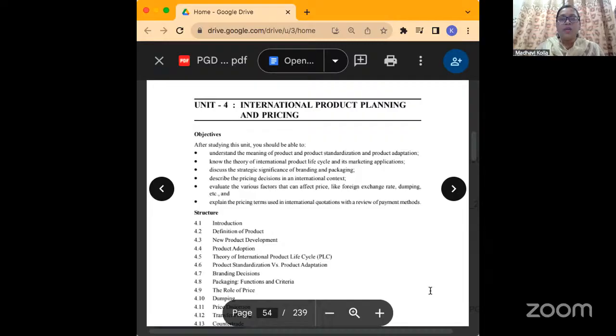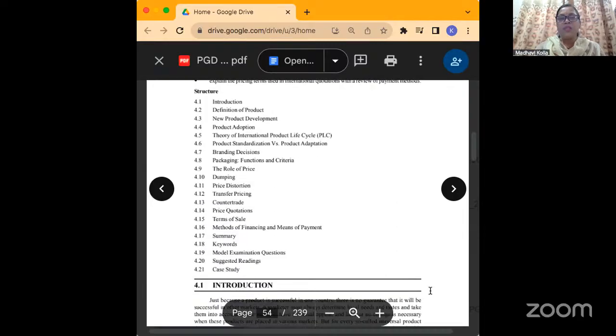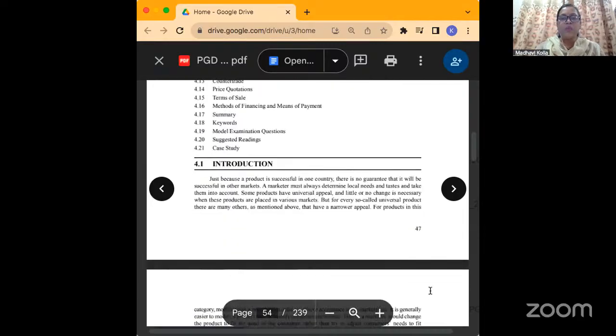We'll also be looking at the international product life cycle and its marketing application. We'll also be talking about the strategic significance of branding and packaging, and finally, we'll move to pricing decisions. So let us first start with the introduction and understand what this topic is all about.